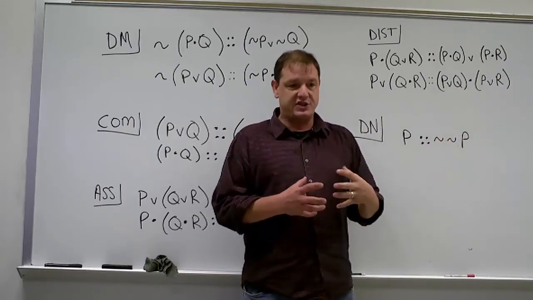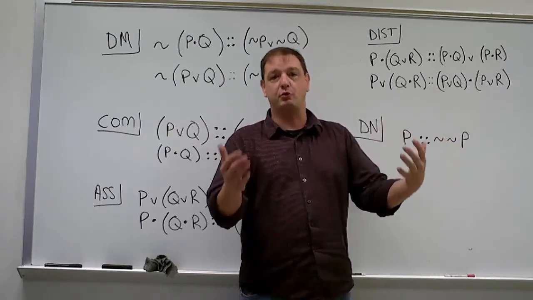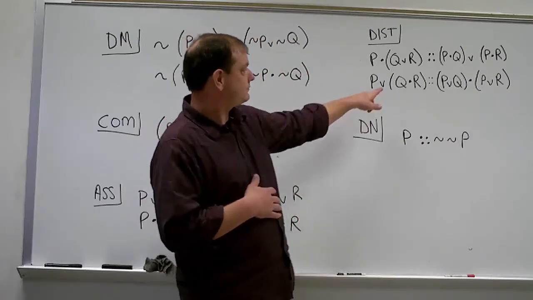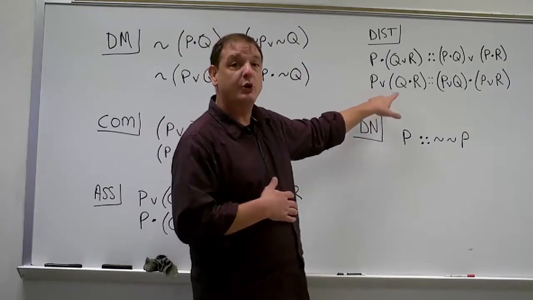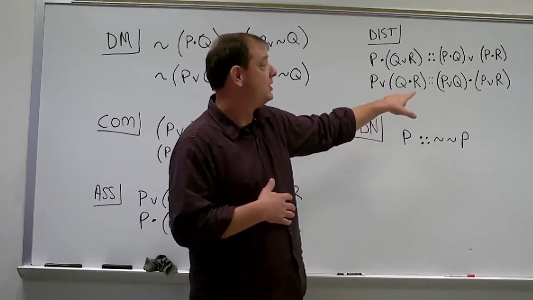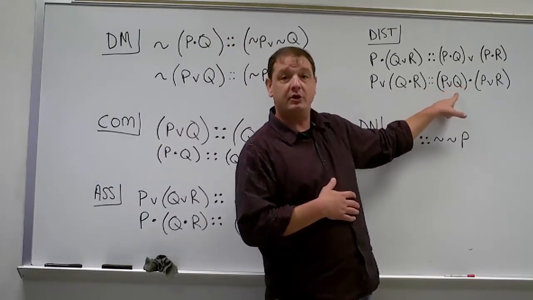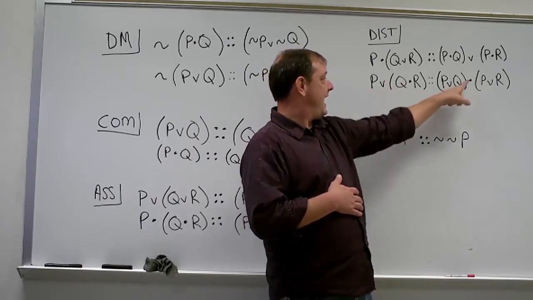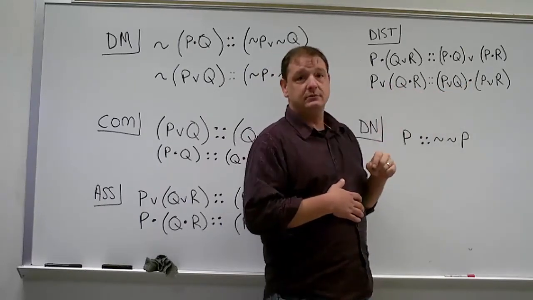So a lot of these just set you up to use one of your other rules. Just to walk back through that briefly, either you have P or you have both Q and R. So you have P or Q, because you either have P or both of them. P or this, and P or that.